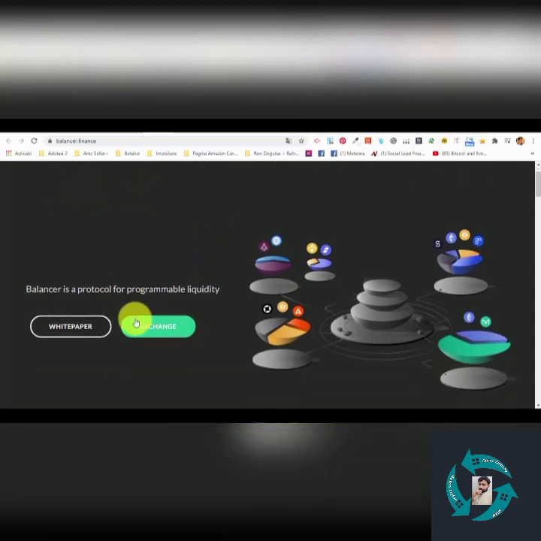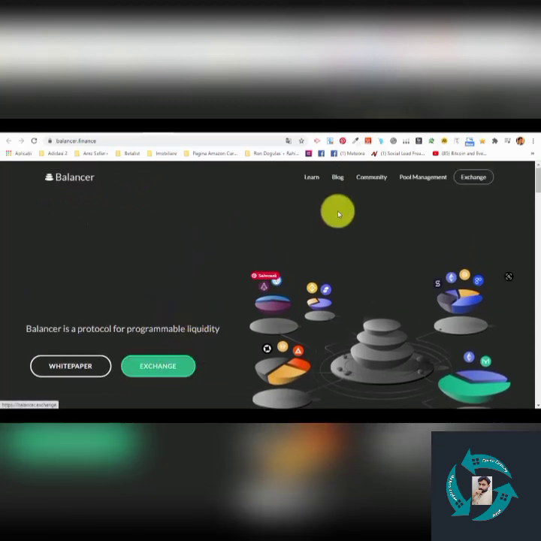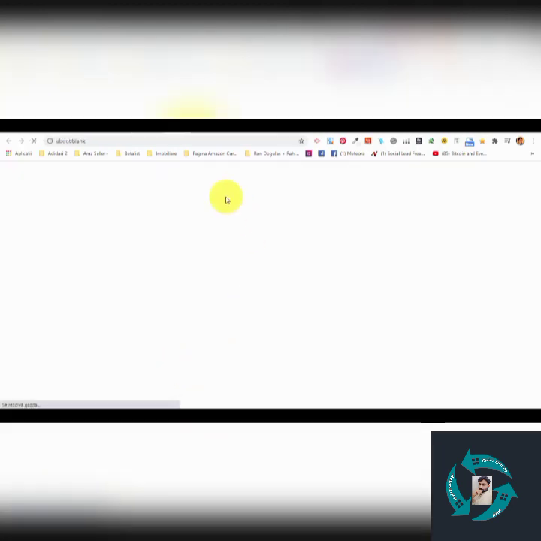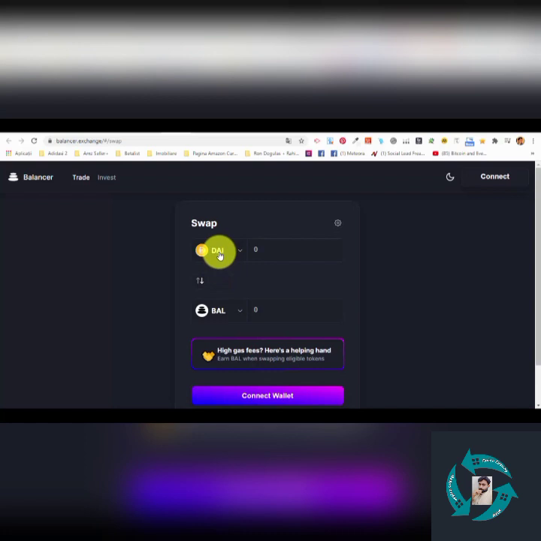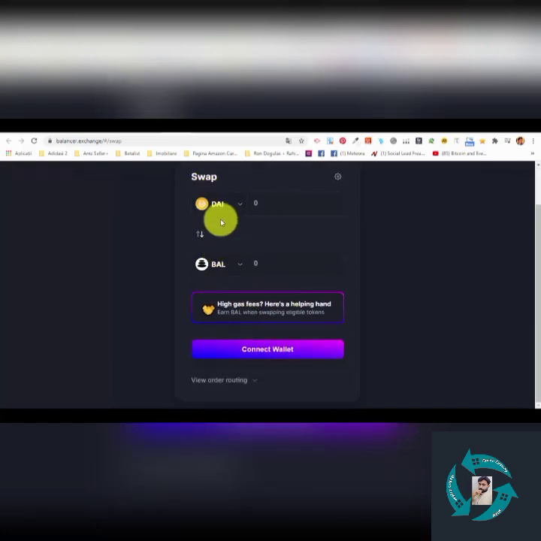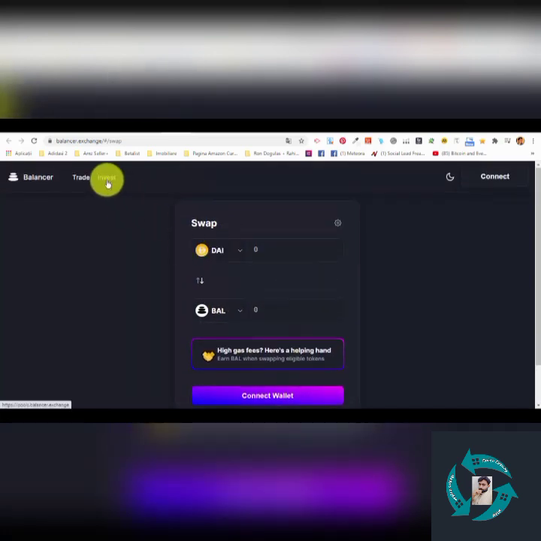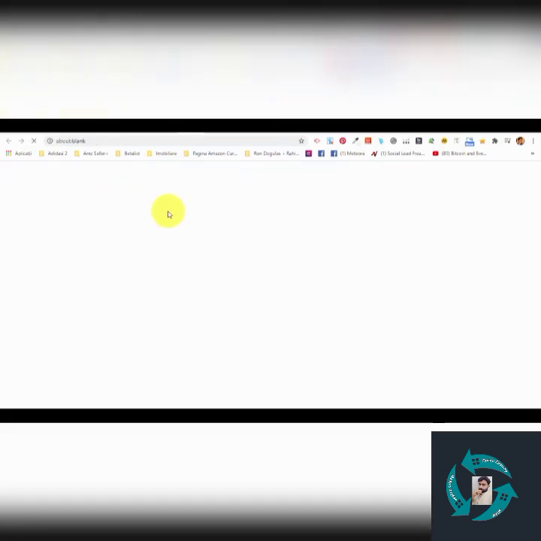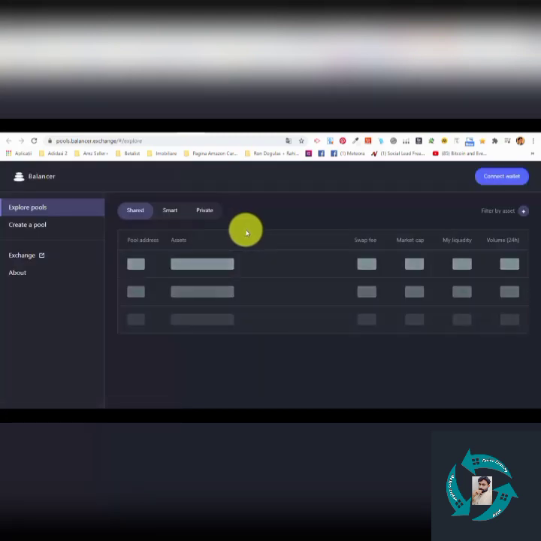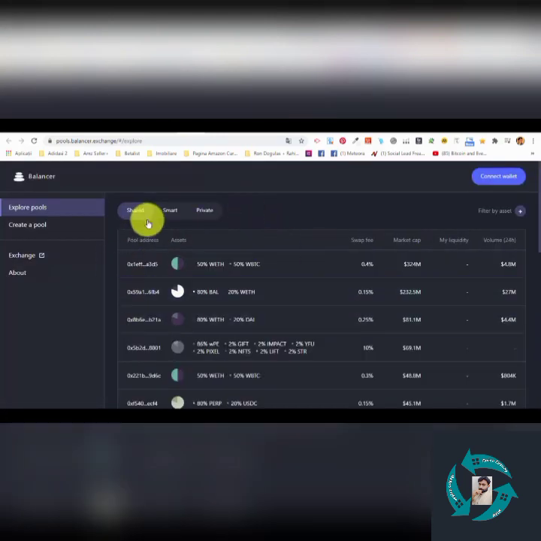In Balancer, basically, if you have a look at the exchange, you can just swap between coins, and if you want to invest, you click on the invest button and you are going to see a lot of pools that have been created.